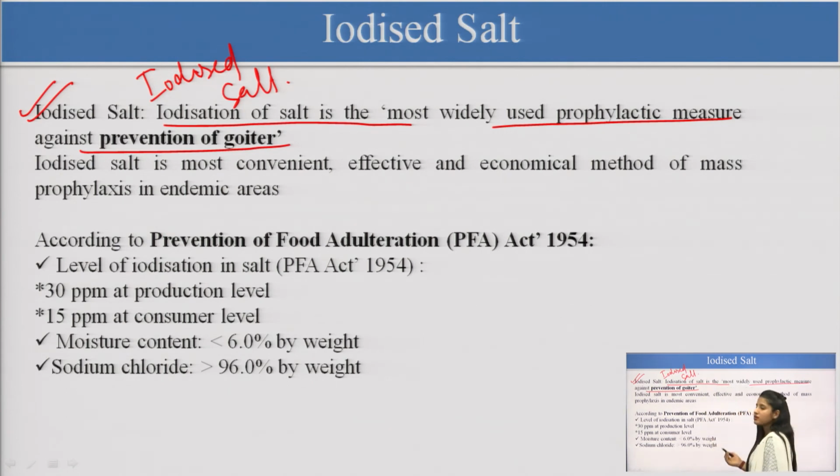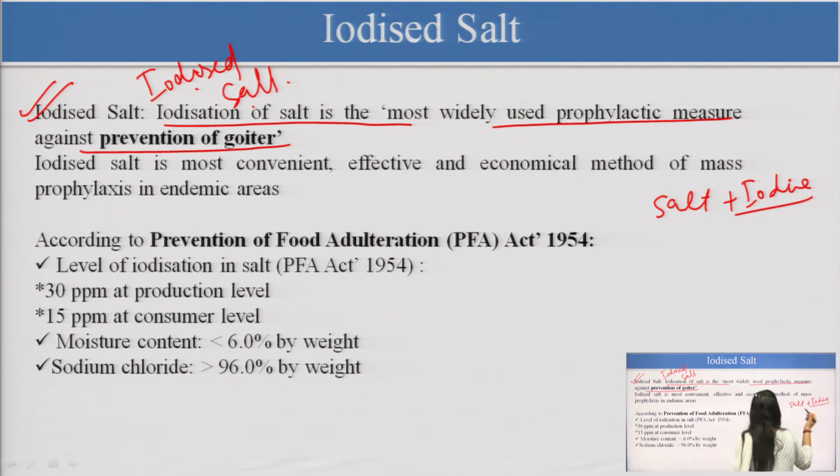If there is a deficiency of iodine, there will be goitre. In iodized salt, we have prepared a salt and added iodine to it. Similarly, we have double fortified salt. We will see what double fortified means in some of the later slides.